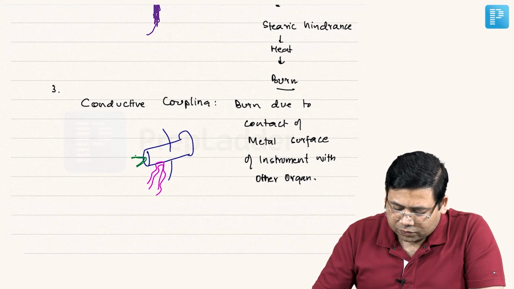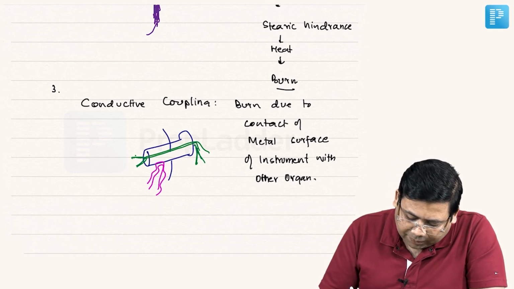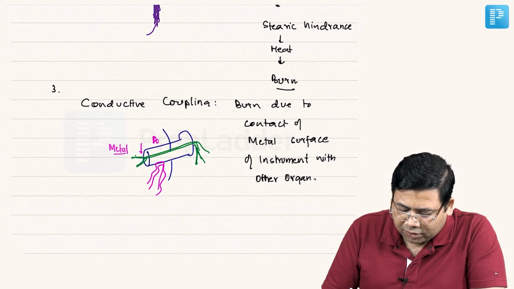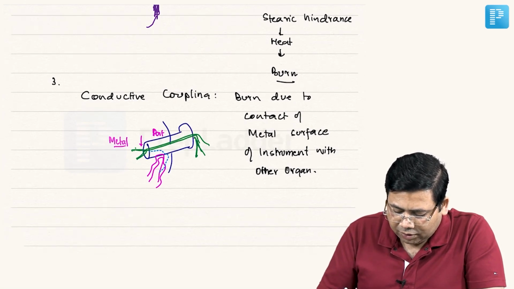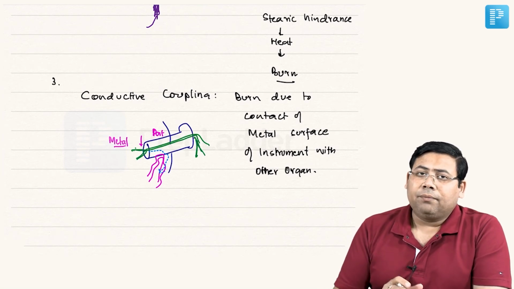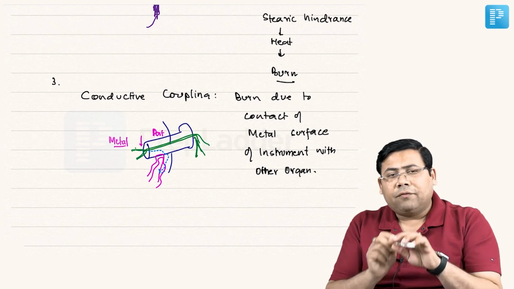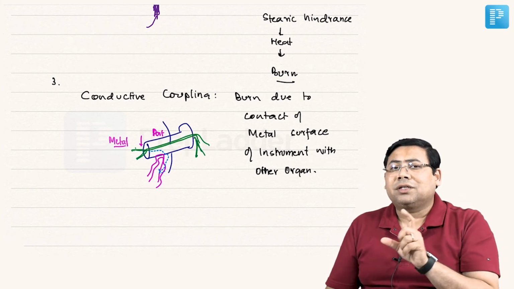Or imagine you are using a metal instrument which is in contact with the port, and via the port the current will be transmitted to the bowel, and this will result in a burn. So always remember, your instrument should be well in view, and once it is out, you should see that the metal part is not touching anything.